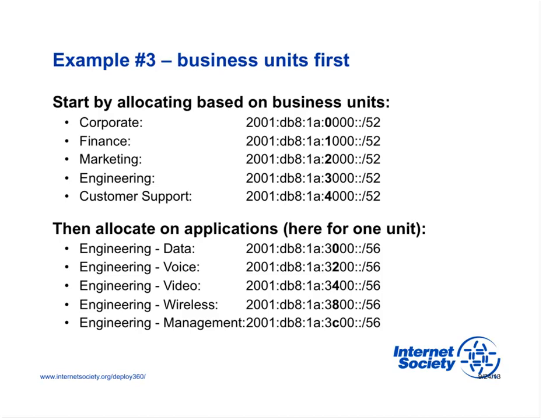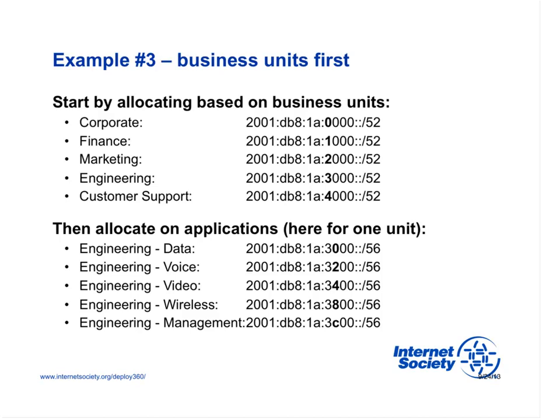We're making this allocation based on the idea of how we want to structure our pieces here. So I'm making some first on the business units, then I'm allocating for, in this case, engineering. I'm going to have a nibble that's based on the data, voice, video, wireless piece. I've got 16 choices in each of these.